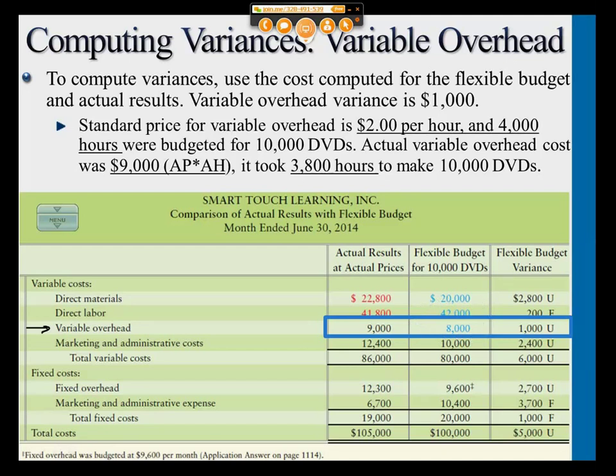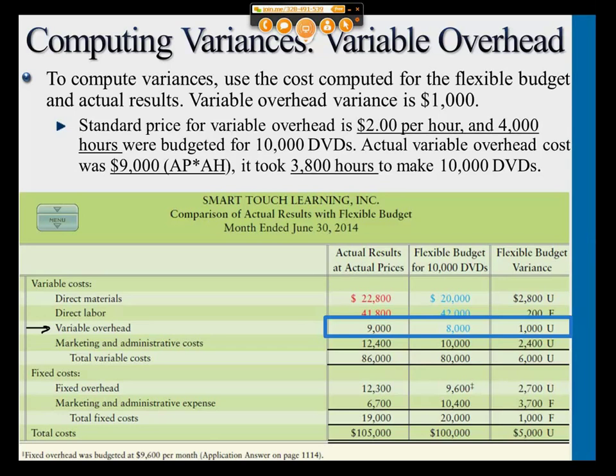A subtraction of 8,000 gives me 1,000 of flexible budget variance. We said it's the difference between the actual result at actual prices and the flexible budget for the actual output. That gives us 1,000, and it has a letter U next to it, so it's unfavorable. What does it mean that it's unfavorable? It means that our actual results are greater than the budgeted amount at the actual output, right?